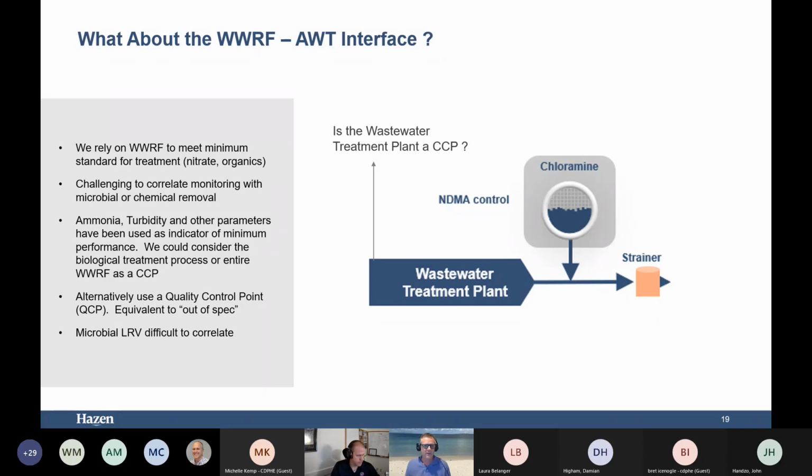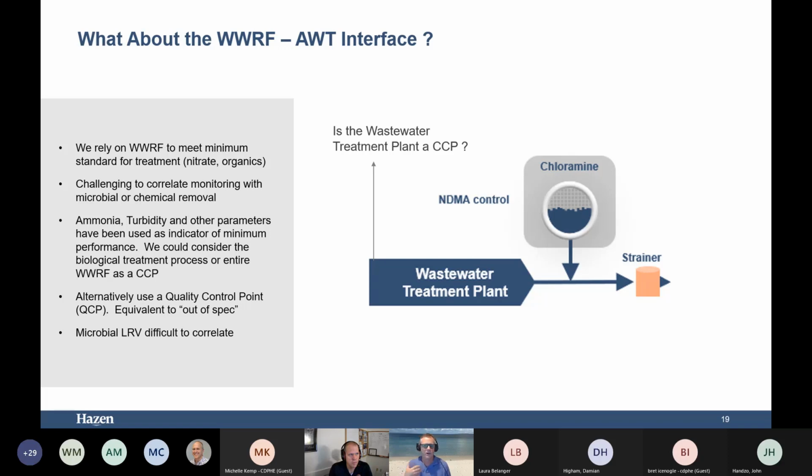There are examples where the wastewater treatment, or an element of the wastewater treatment plant, are used as a critical control point, and there are examples where it is not used as a critical control point. However, in both cases, monitoring at the end of the wastewater treatment facility is still valuable and is still used in order to provide some certainty and surety to the operation of the advanced treatment facility.